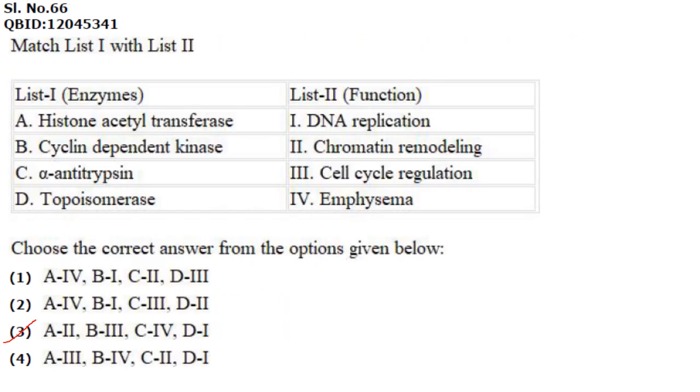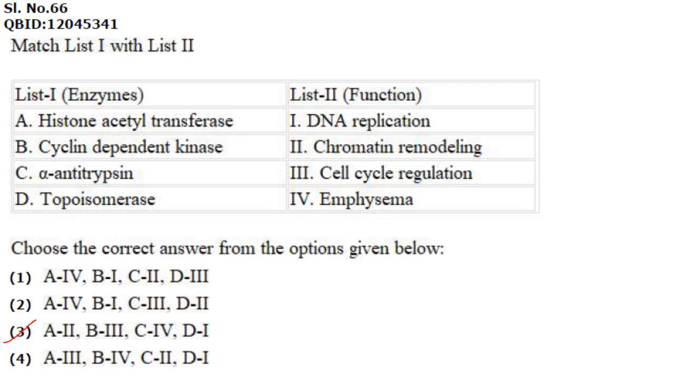Then next one, match the following. So enzymes and their function. Histone acetyl transferase is for chromatin remodeling. Chromatin remodeling is a mechanism for regulating eukaryotic gene expression. In this, the tightly condensed DNA portions become accessible to various transcription factors and components of DNA replication, and thereby it will regulate eukaryotic gene expression.